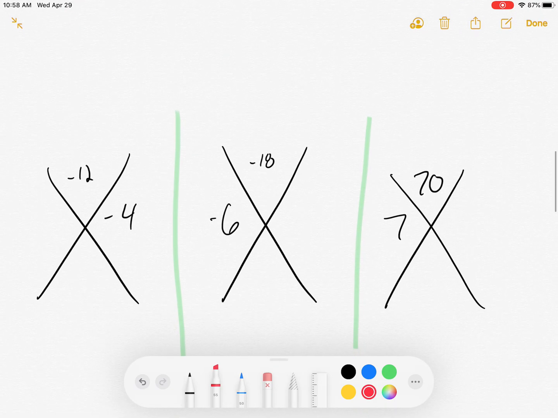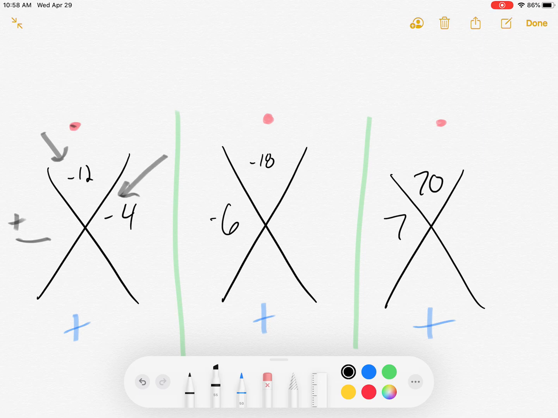Okay, so now I'm going to kind of mix it up a little. Now, remember, multiplying was on top. Multiply, multiply, multiply. Adding was on bottom. So now I'm given two different numbers. So now you got to ask yourself, hey, what number times 4 is 12? But now it's a negative 4 and a negative 12. So we want our final answer to be negative.